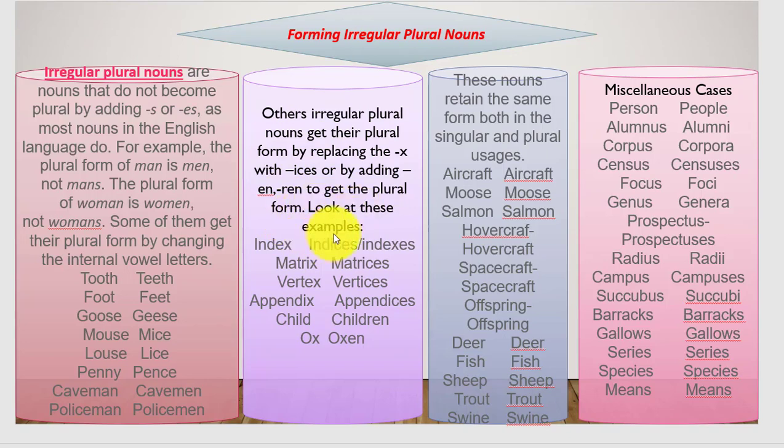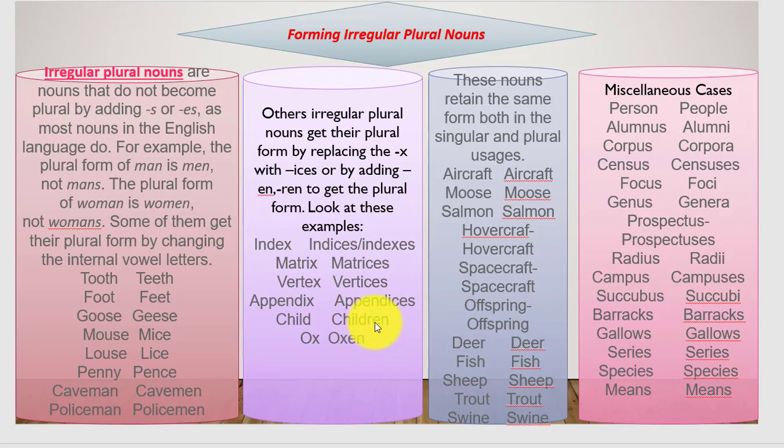Look at these examples. Index can be pluralized as indices or indexes. Matrix, matrices. But you cannot say matrixes; it is only in the case of index that both are allowed. Indices, indexes. Vertex, vertices. Appendix, appendices.